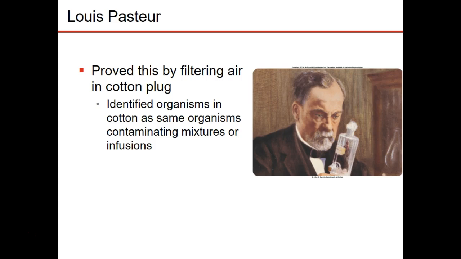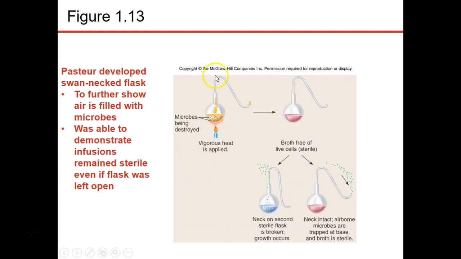And then he ran an experiment. He made a swan neck flask. So here we have a flask, and he took the neck of the flask and he bent it. So the bending keeps microbes from being able to move all the way through the flask. Microbes can't move like we do, so they can't get through those turns.